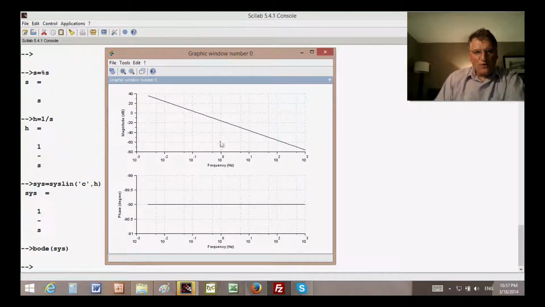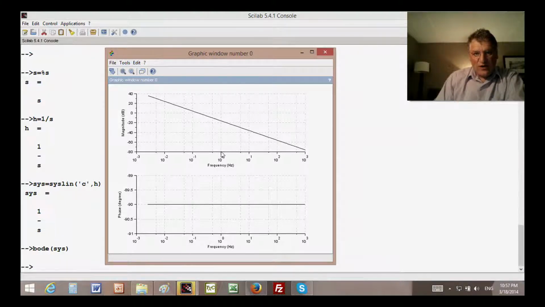However, what we see is that the gain crosses the 0 dB line at another number than 1 radian per second. You see that the frequency here is not plotted in radians per second, but instead in hertz.